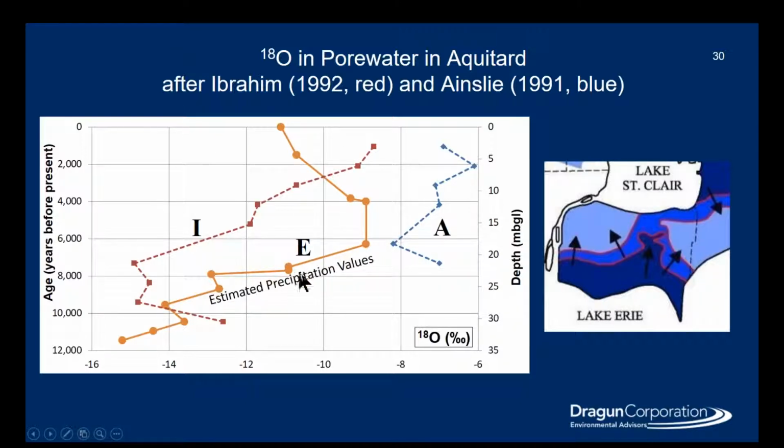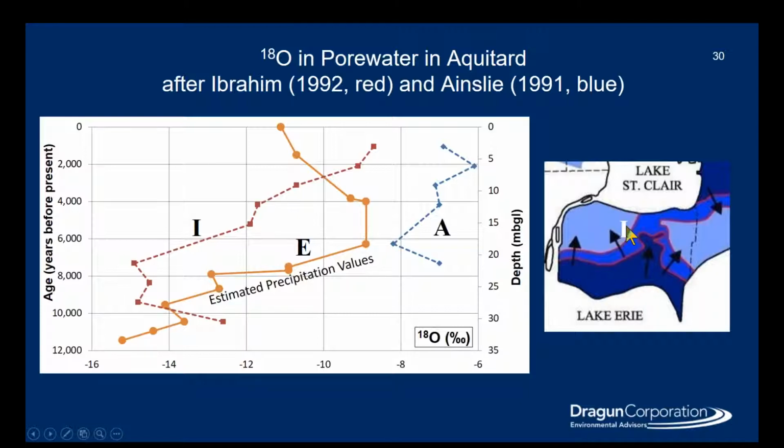So Tom Edwards data, so age with oxygen 18, are these green dots, E for Edwards, and two graduate students, Osman Ibrahim in the red dashed line, I for Ibrahim, and Andrew Ainslie, A for Ainslie, A for Andrew, over here.